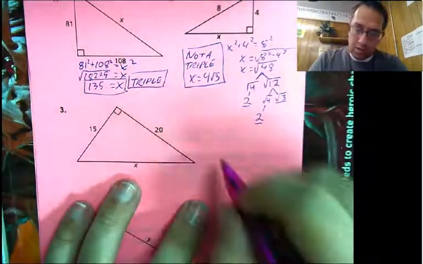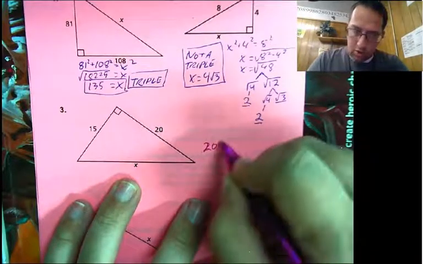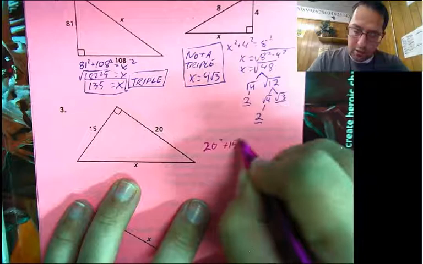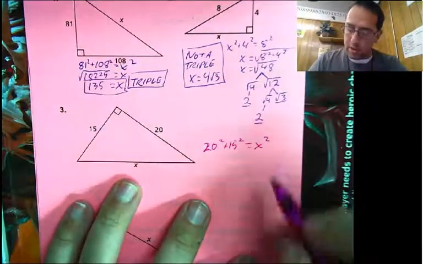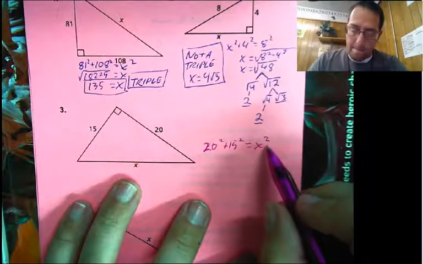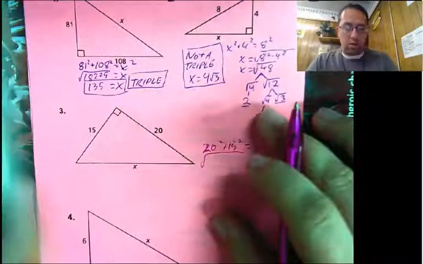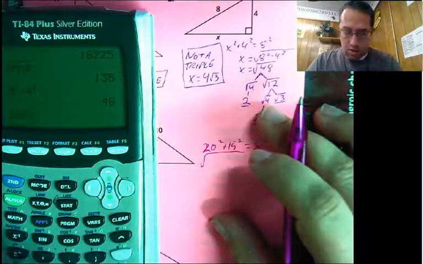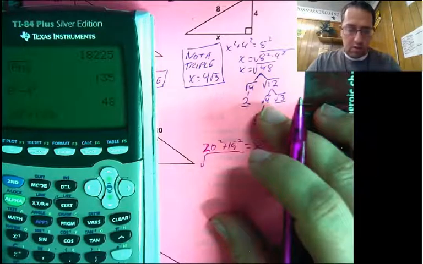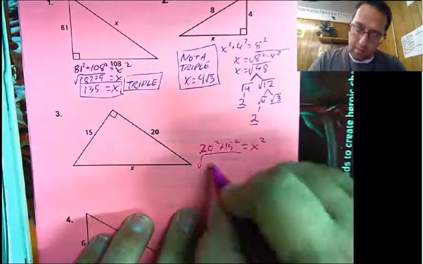All right, so what we have is 20 squared plus 15 squared is going to equal x squared, because this is my big side. So we have the square root of whatever that is. I do not remember what that is. Let's find out. 20 squared plus 15 squared is, that's not too bad, 625.